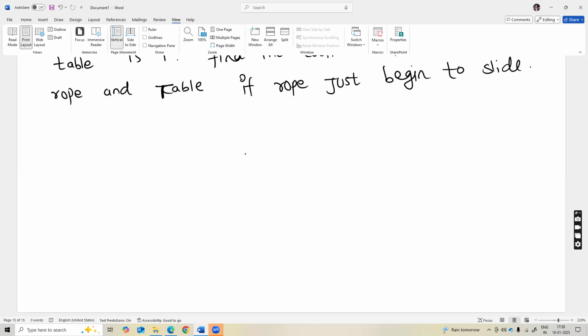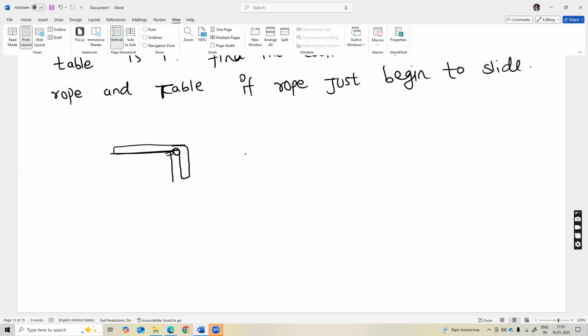So we have a table, and there is a rope lying on the table. Let's say this is the rope.